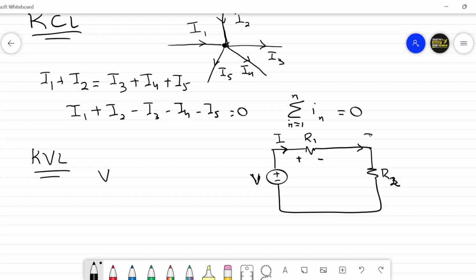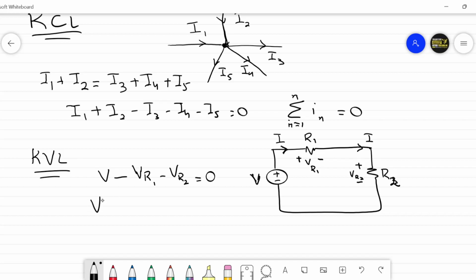Similarly, the same current is flowing through the other resistance, so this is positive and this is negative. So the polarity of voltage across VR1 and VR2 will be like this. The net voltage in this case is V minus VR1 minus VR2, which is equal to 0.